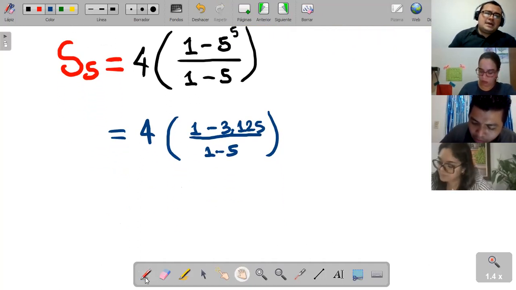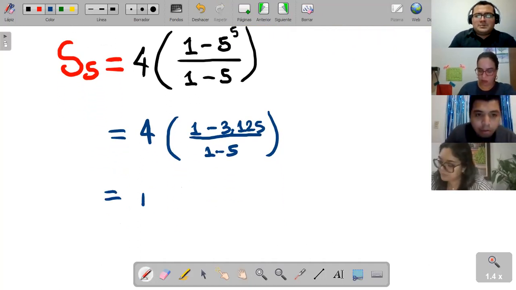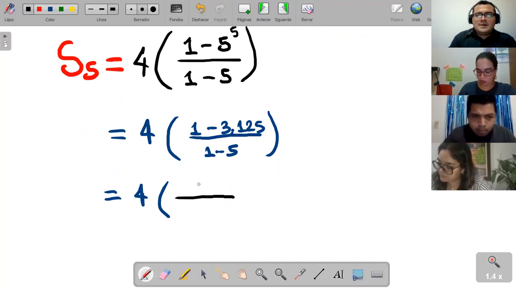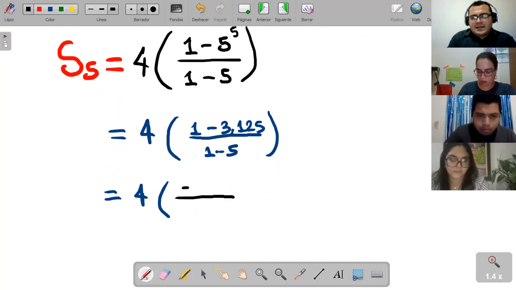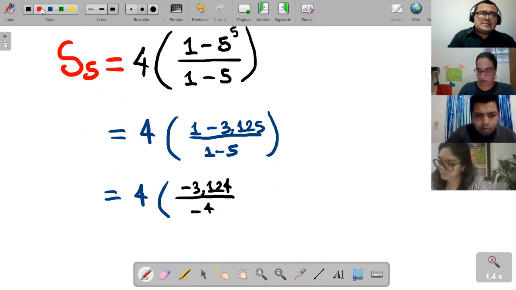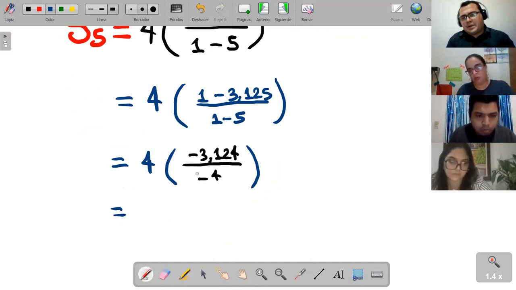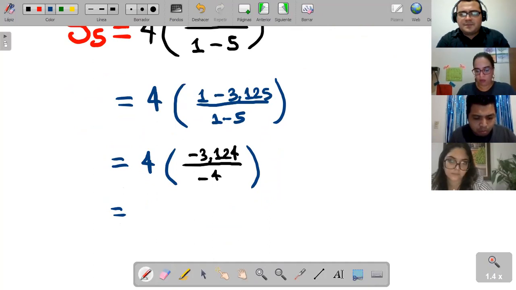Now, let's get this resolved. And remember, we're going to multiply this by 4. On the top, we're going to have the subtraction of this one. It gives me negative 3,124, divided by negative 4. Real number properties: what happens when you divide two negative numbers?